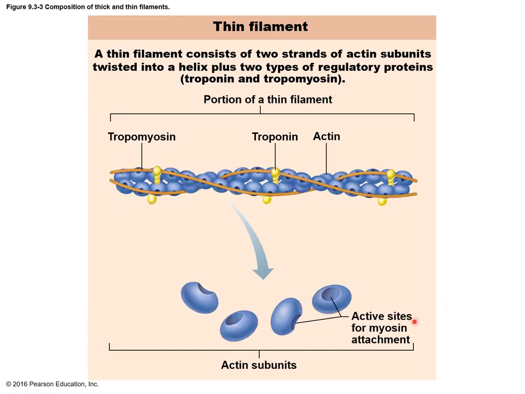Here's your thin filament. Notice that you've got two filaments, and around it, this beige looking color is tropomyosin. Connected to that is troponin. Now, if you look at the individual actin, see these little couple like little dwellings? That's where the myosin head can bind.